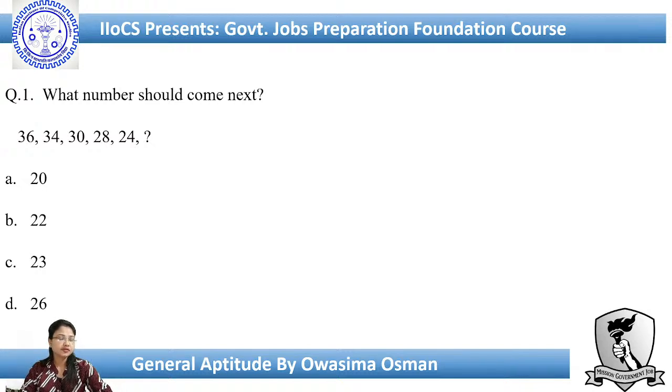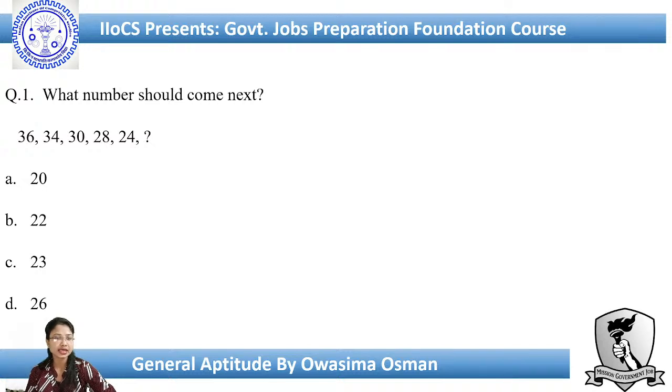So here is the first problem: 36, 34, 30, 28 and 24. This is a descending series, and it is very simple.